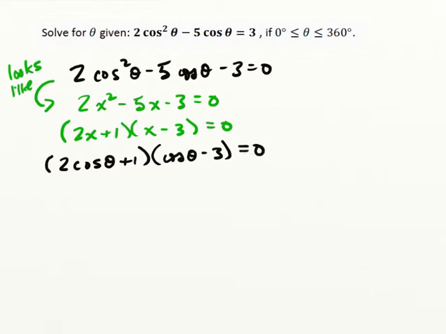All right. Well, if we take a look at this root here, we are looking to see when 2 cosine theta plus 1 equals 0, or when does cosine theta equal negative 1 over 2.